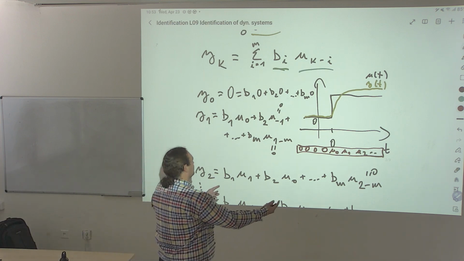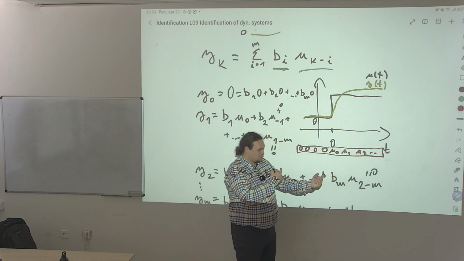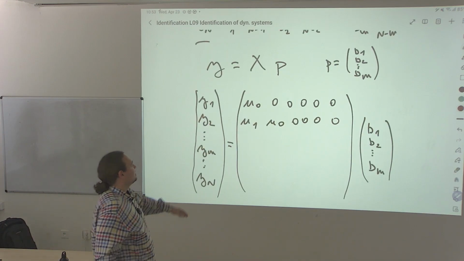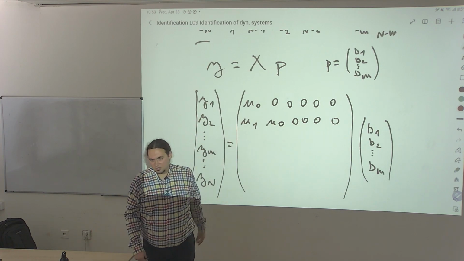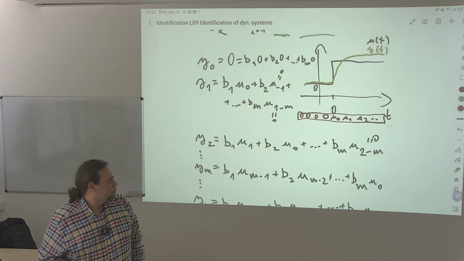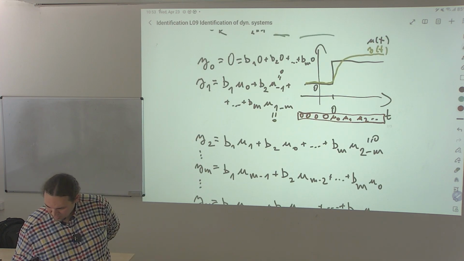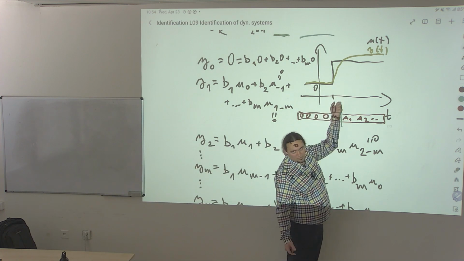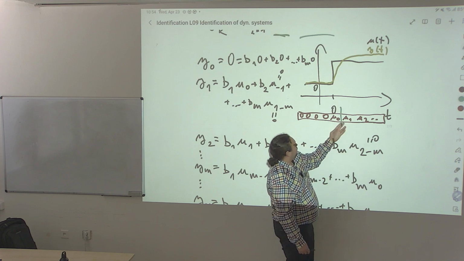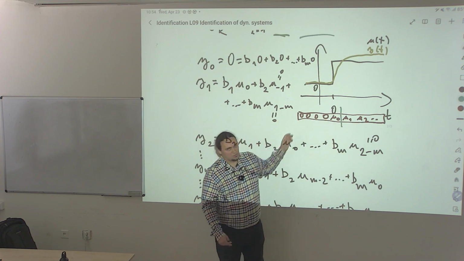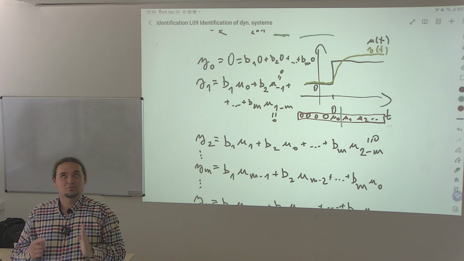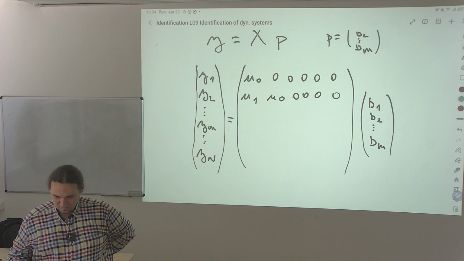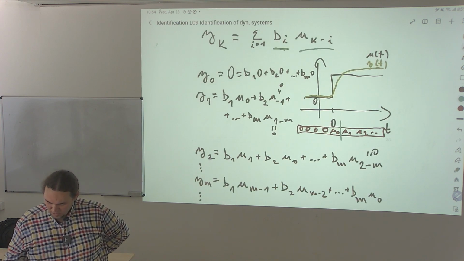Now we take this strip, flip it, and paste it at the correct place in this matrix. If we cut it here, that means we are representing the output at point 1. We take u0, 0, 0, 0 and flip it vertically, so we get u0, 0, 0, 0. We get the second one.